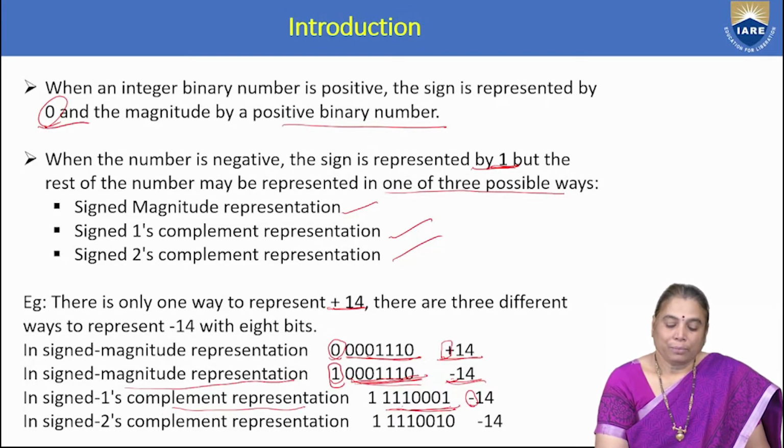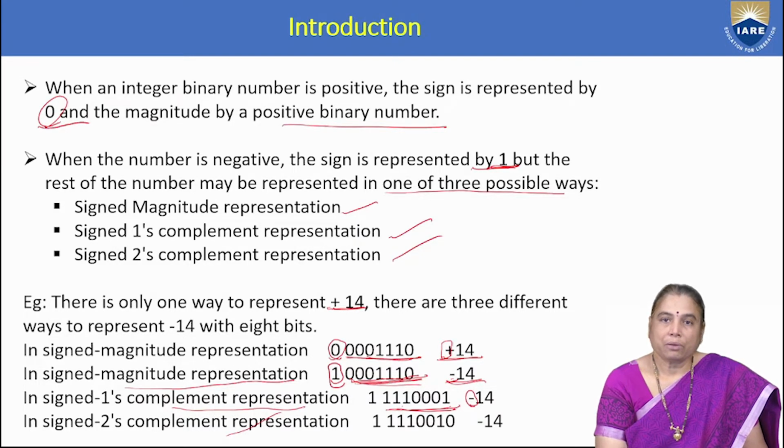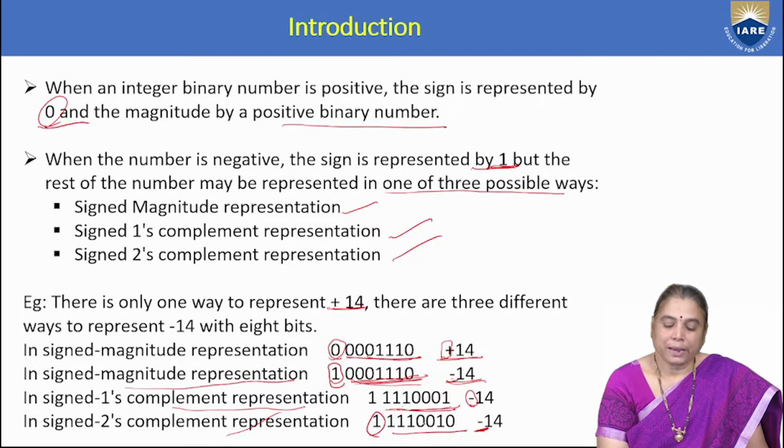Next, the third form is signed twos complement representation. In signed twos complement representation, to represent the negative sign, the sign bit is 1. And here the twos complement of the binary equivalent of 14 is represented as the magnitude. In the second form, we represented the ones complement by interchanging 0 as 1 and 1 as 0.